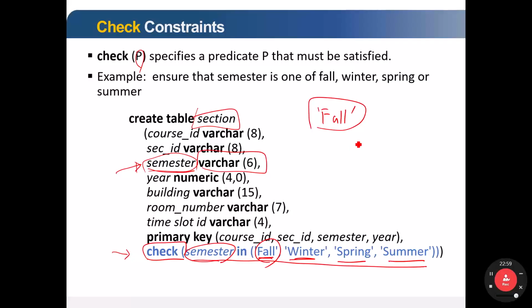But let's say you try to store just F as your acronym for fall, it's going to fail because this value is not a member of this set. So the IN operator checks the membership, and only if this expression returns true, that attribute value is allowed to be stored in this section table.